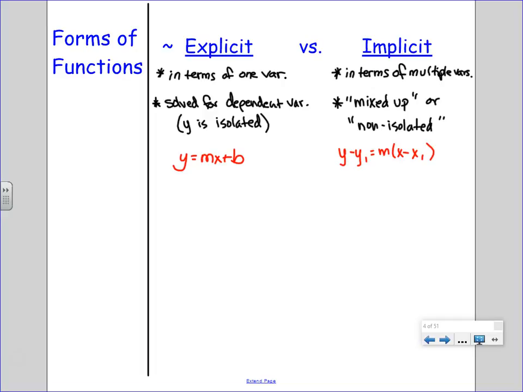Explicit, we could use something to the effect of y equals plus or minus square root of x minus h quantity squared plus k.